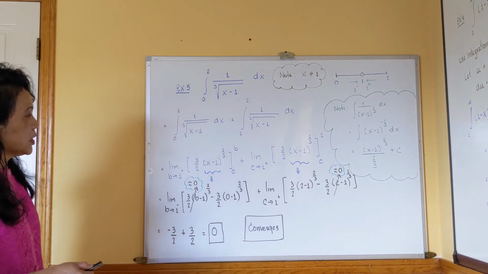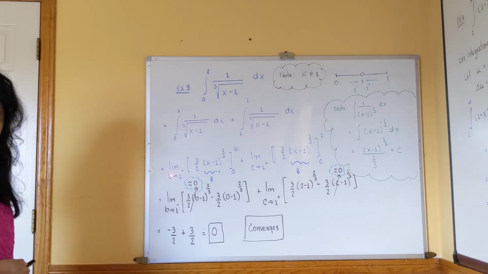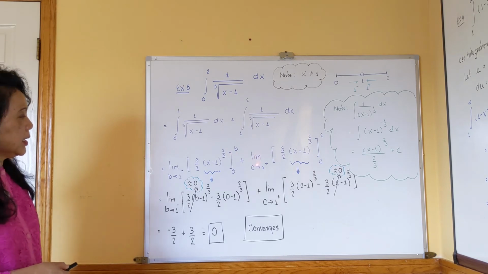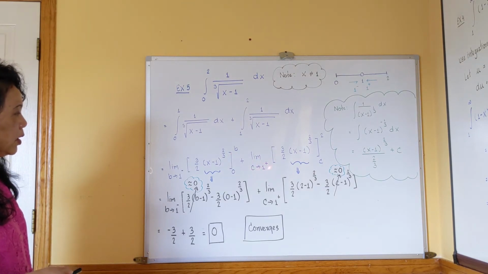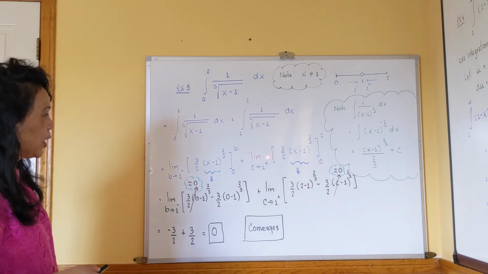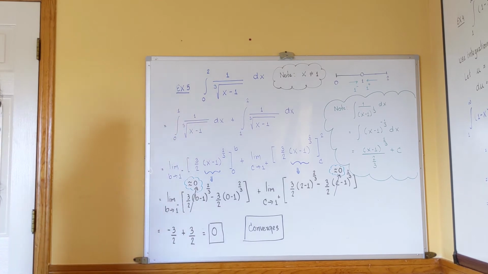So I take the reciprocal, I get this. Take the limit as b approaches 1 from the left, from 0 to b, and then the limit as c approaches 1 from the right. It's not equal to 1, but close to 1 from the right, of the function that I just showed you here. Let's plug in the upper bound and lower bound. You get this whole thing.